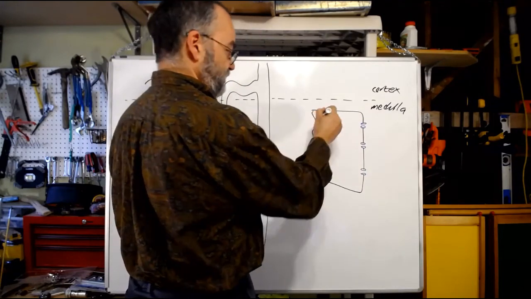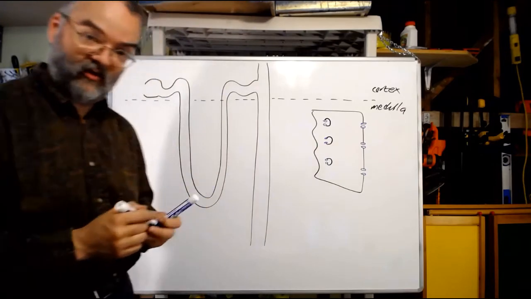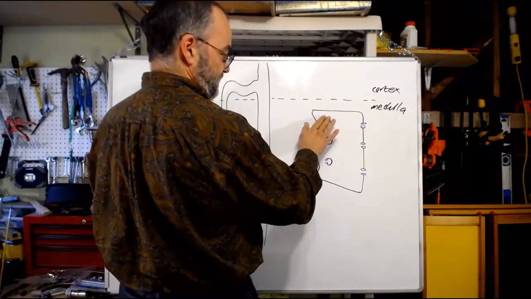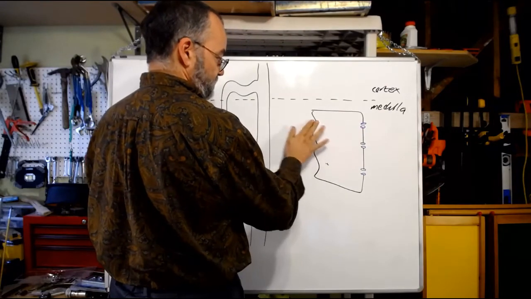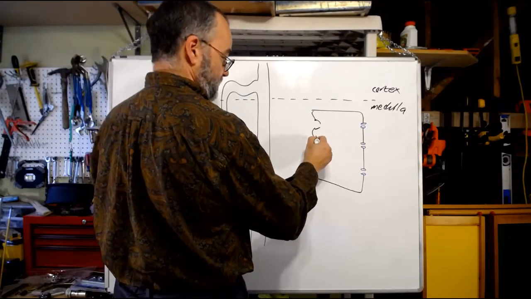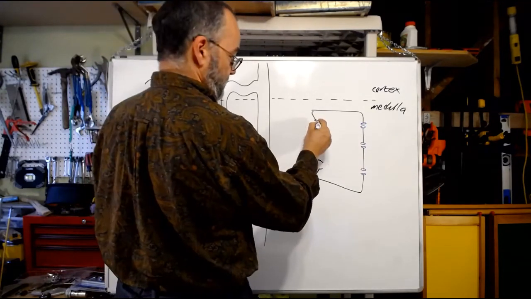They do have vesicles with aquaporins waiting in the cell. And the hormone vasopressin causes those vesicles to move up and join with that apical membrane.